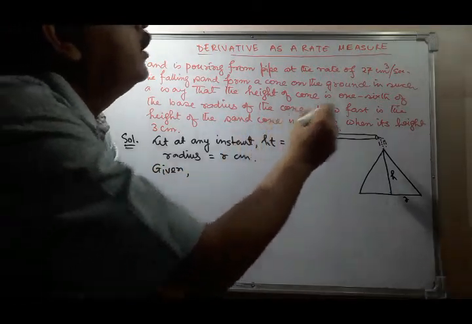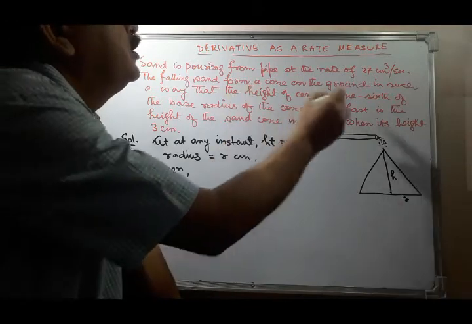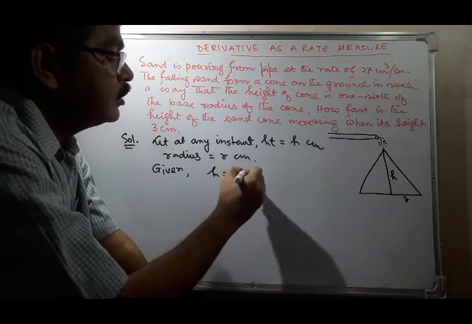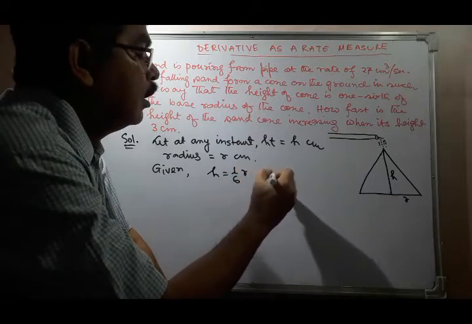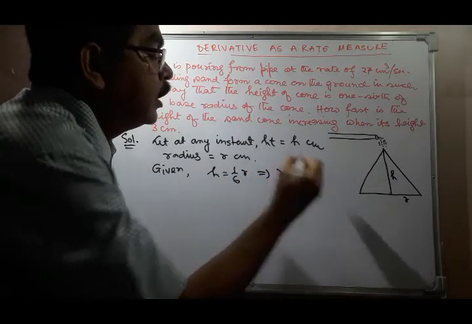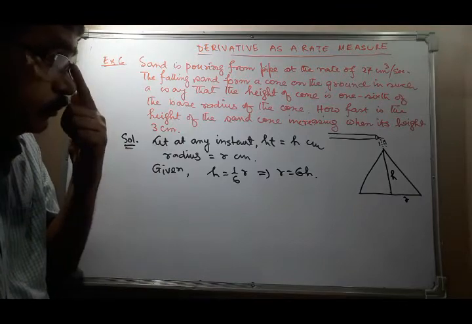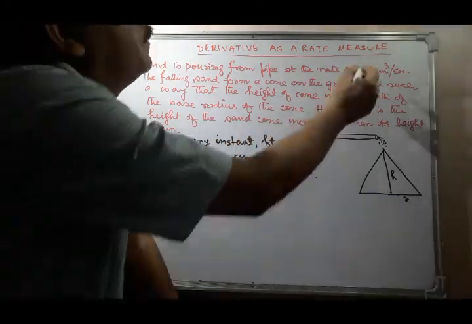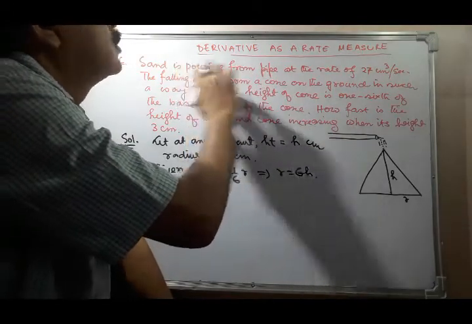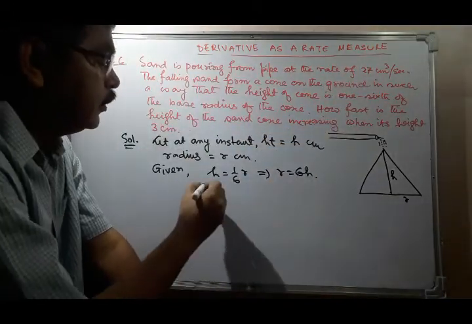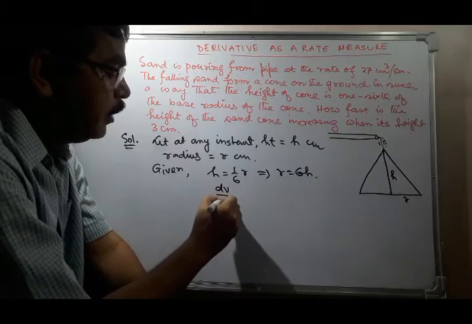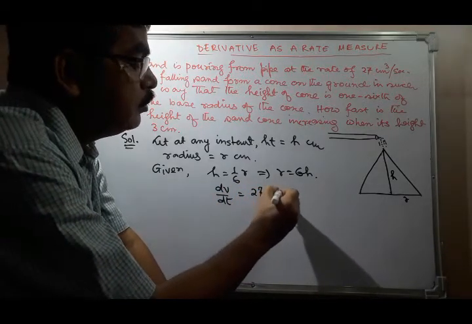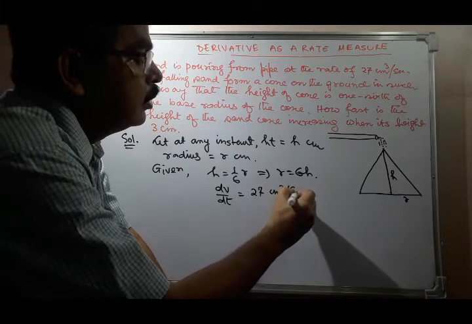It is given that height is 1/6 of the base radius. So h equal to 1 by 6 r, r equal to 6h. Further, it is given that sand volume is increasing at the rate dV by dt equal to 27 centimeter cube per second.